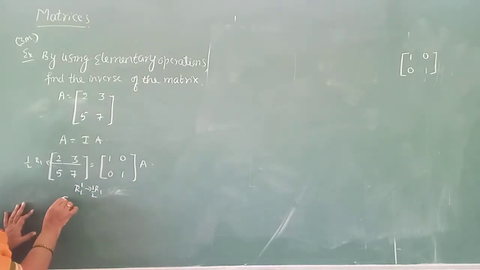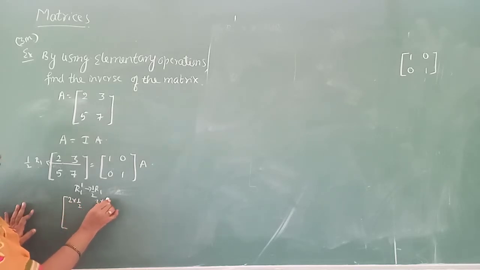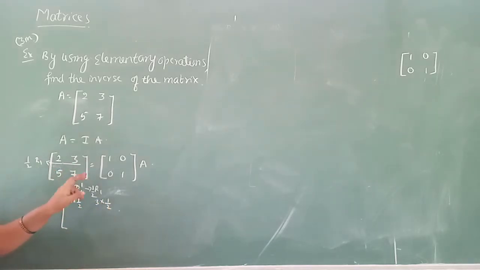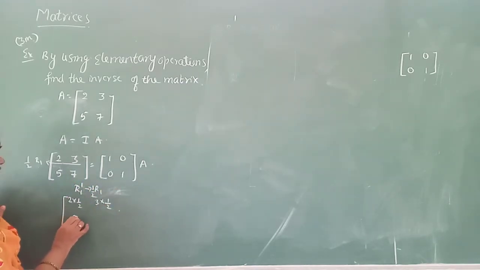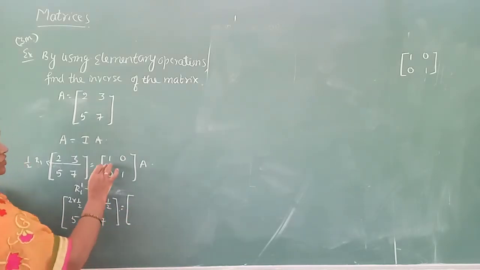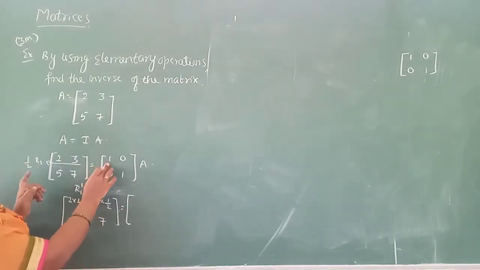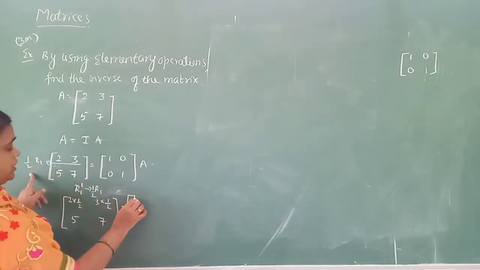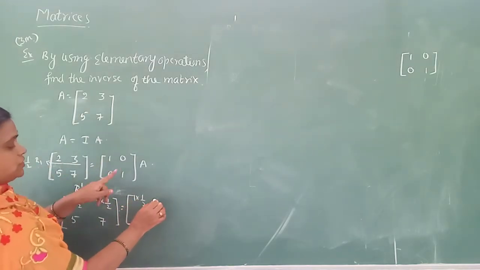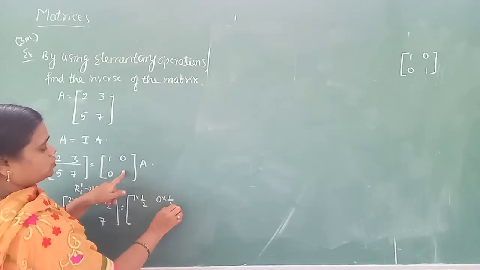Therefore we write 2 into half, 3 into half, because only the first row changes. Is there any change in the second row? No, so we write it as it is. Only the first row changes, and this applies on the right side also: 1 into 1 by 2, 0 into 1 by 2.